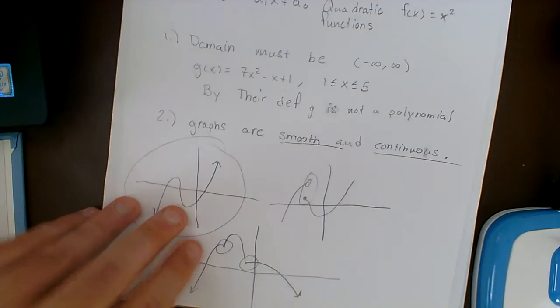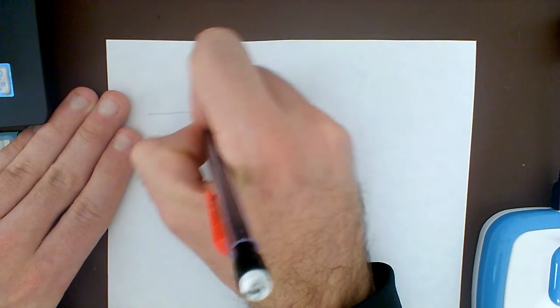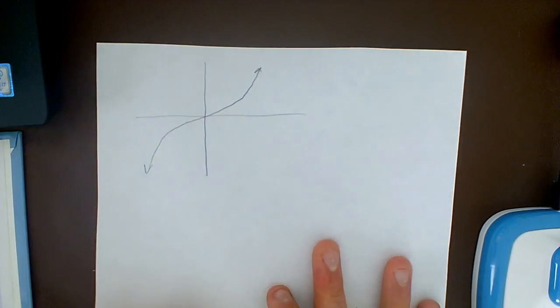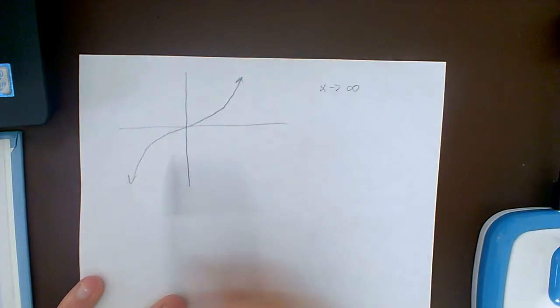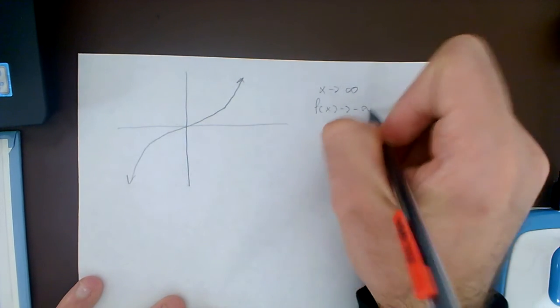All right. So a couple more examples. You could have an odd function, like x cubed. In this one, as x goes to positive infinity, as we increase this way, f of x also goes to positive infinity.